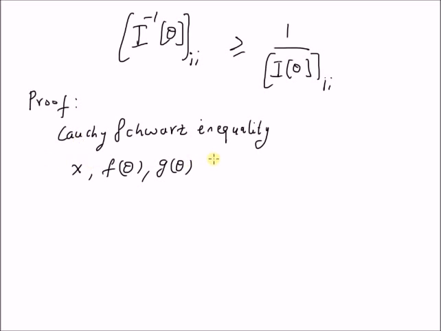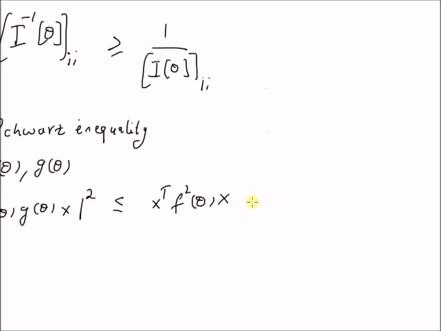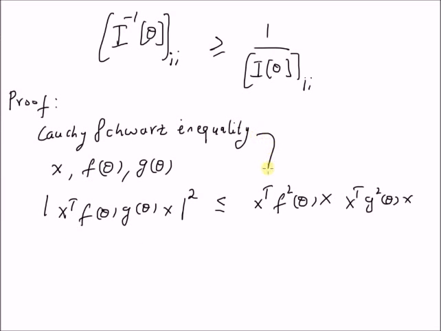Then the Cauchy-Schwarz inequality is: x transpose multiplied by the matrix f of theta and g of theta multiplied by the vector x, whole square, is always less than or equal to the product of x transpose f squared of theta x and x transpose g squared of theta x. So this is the Cauchy-Schwarz inequality for the matrices f of theta, g of theta and the vector x.